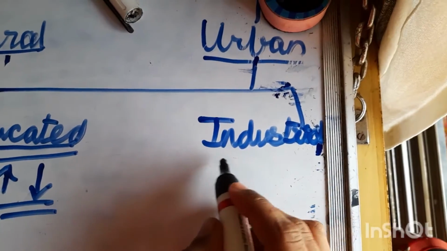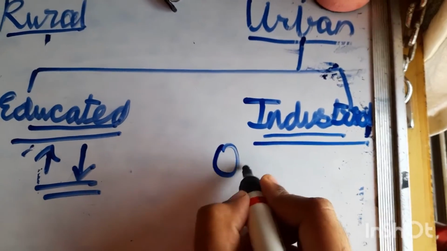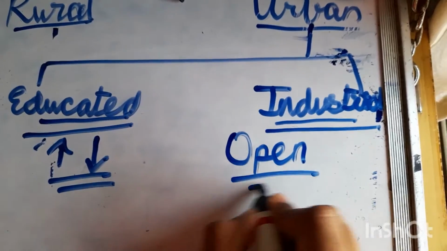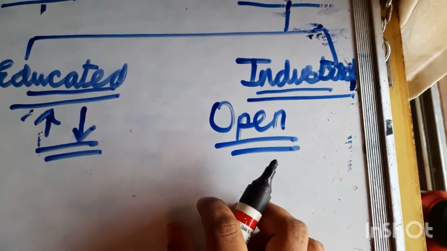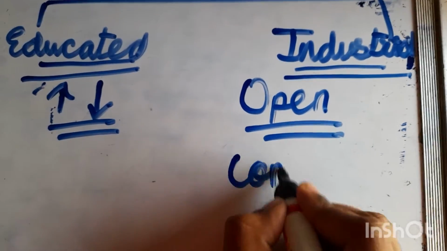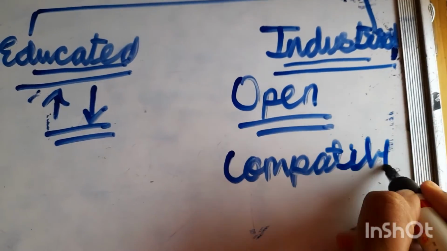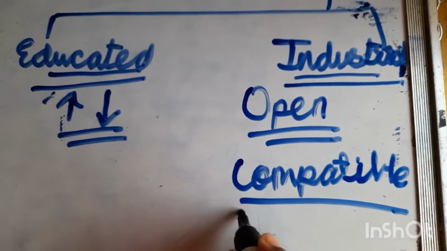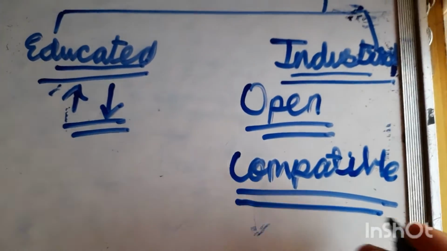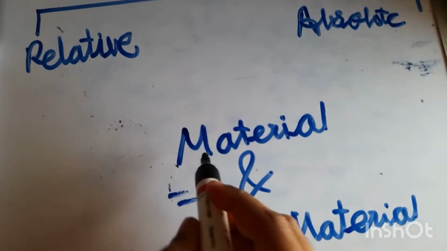The next type of urban unemployment is industrial unemployment. It is also known as open unemployment. Why? Because the jobs are there in industry, but the people are not compatible with the technology. If they cannot operate that technology, they can obviously not be hired. Therefore, they are unemployed.